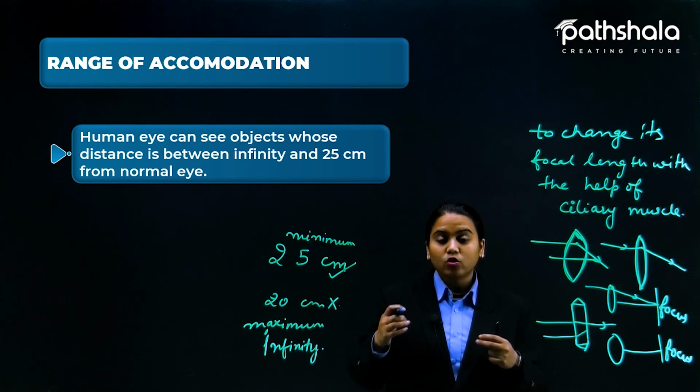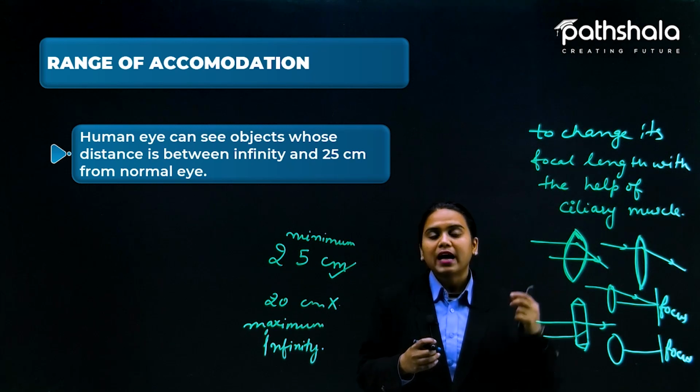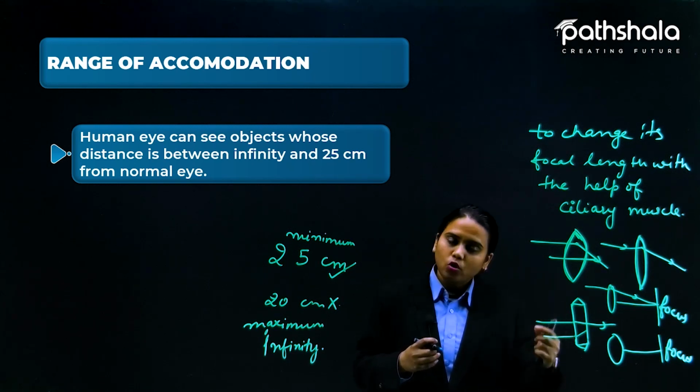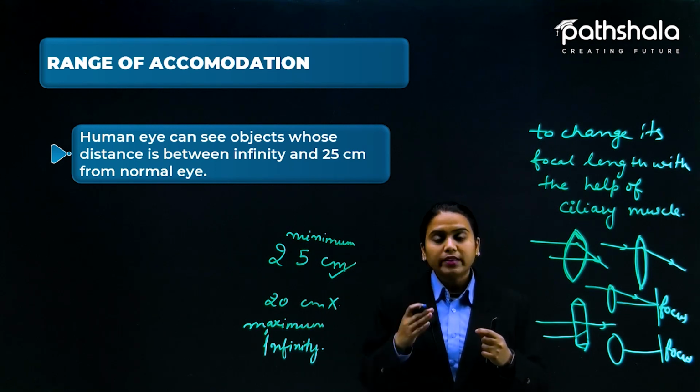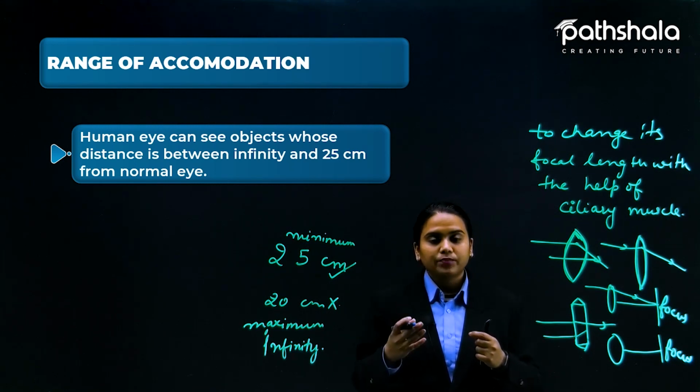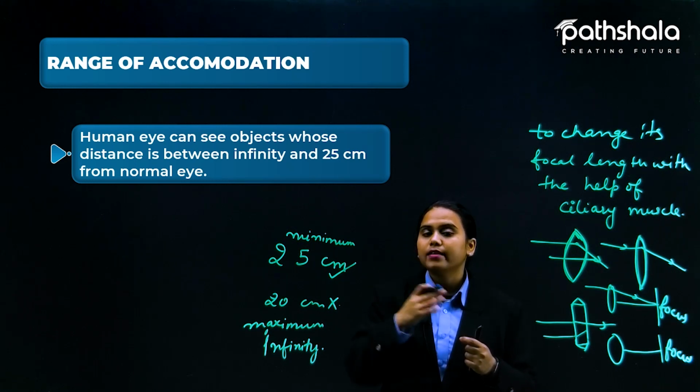That could be the infinity for us, because we cannot reach that place, but light is coming from there, so that is why we are able to see things.